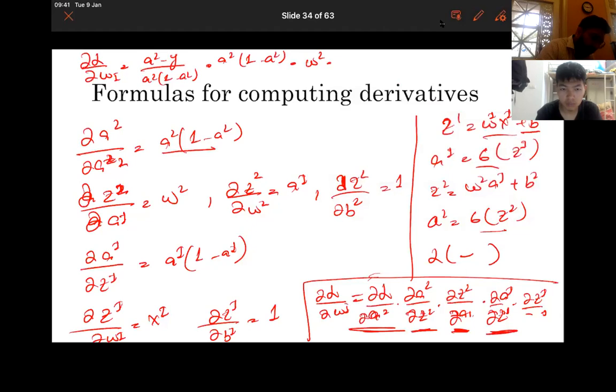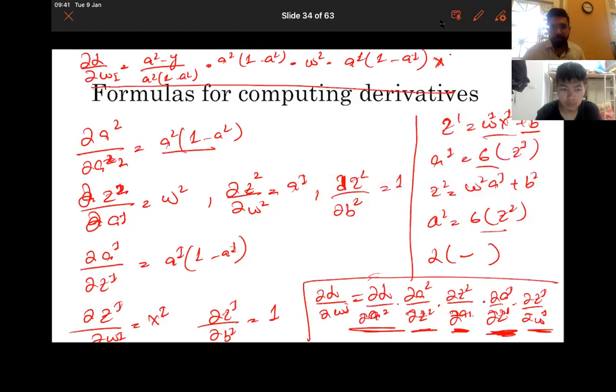Then a1 with respect to z1 is a1(1 minus a1). And finally, z1 with respect to w1 is x1, or x. So this is the partial derivative of L with respect to w1. Similarly, you can do the partial derivative of L with respect to w2. Okay, so this becomes quite easy.